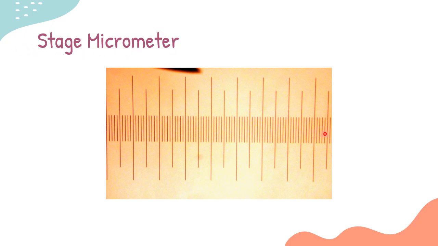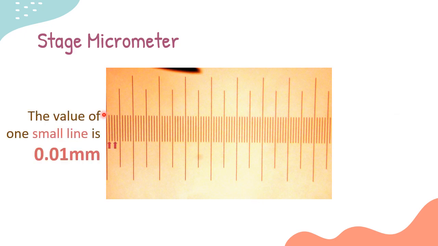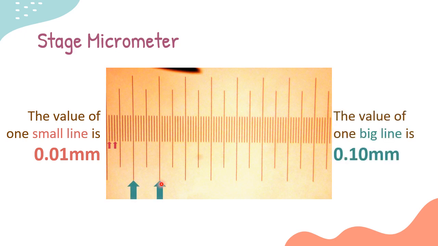This is the scale of the stage micrometer. Unlike the ocular micrometer, it has no numbers, okay? But unlike also the ocular micrometer, this scale has actual value or measurement. Remember what I told you earlier, that the value of one small line, so these small lines, is 0.01 millimeters, and the value of one big line is equal to 0.10 or 0.1 millimeters.